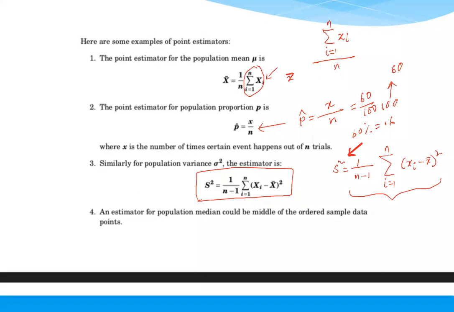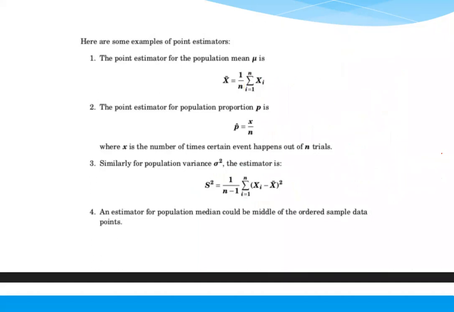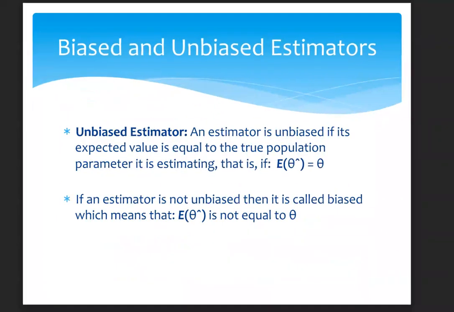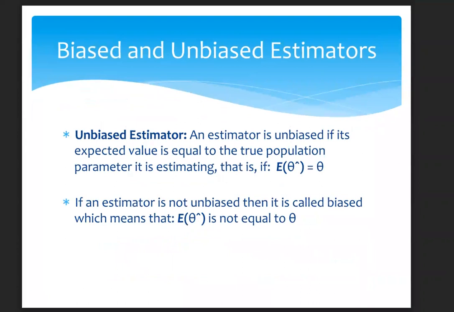Next, we are going to talk about, let's see, what is the next in the slide actually. Oh, biased and unbiased estimators. Okay. So this is an important topic. If you have a statistic, let's call it theta hat, okay? And this theta hat could be one of these in our case.